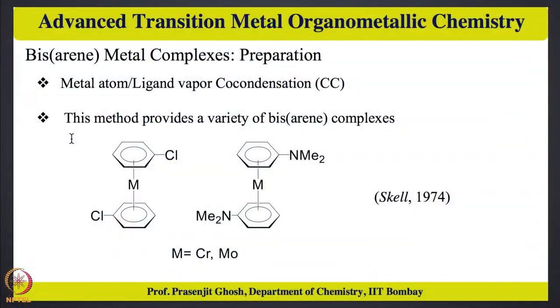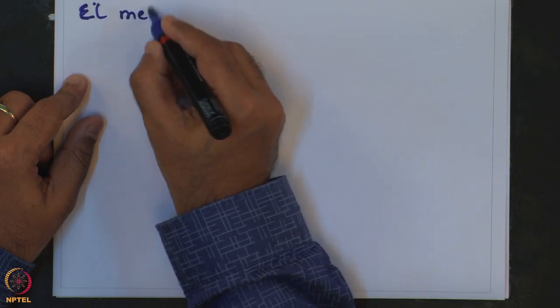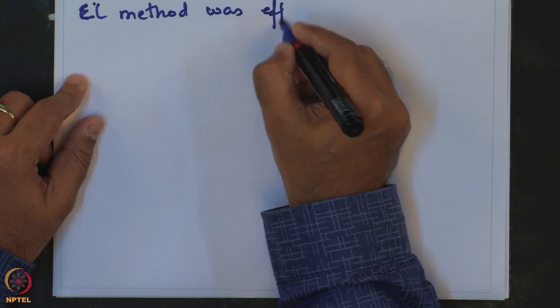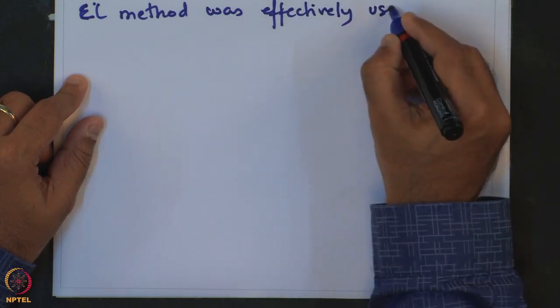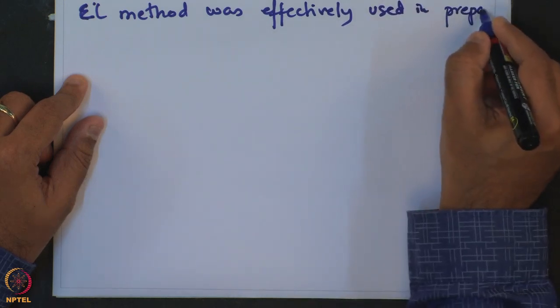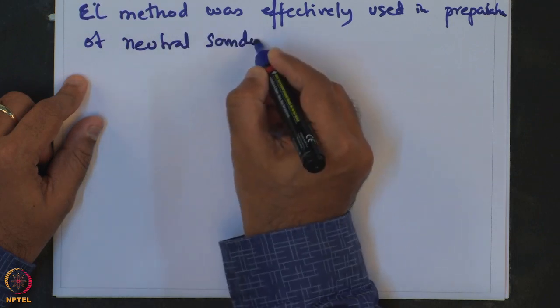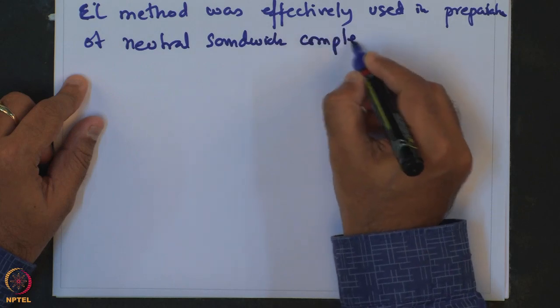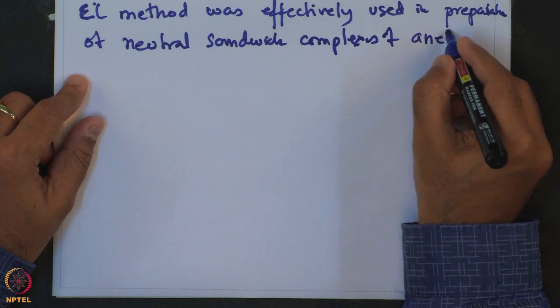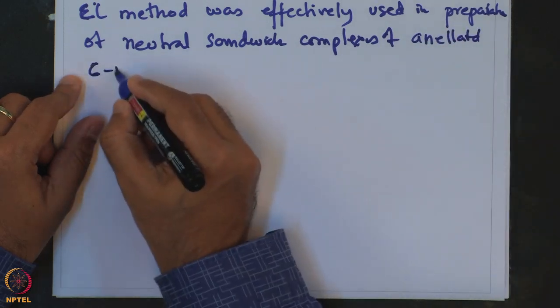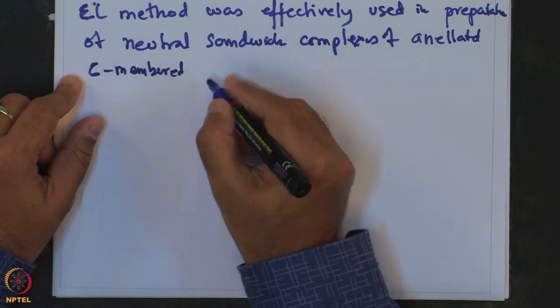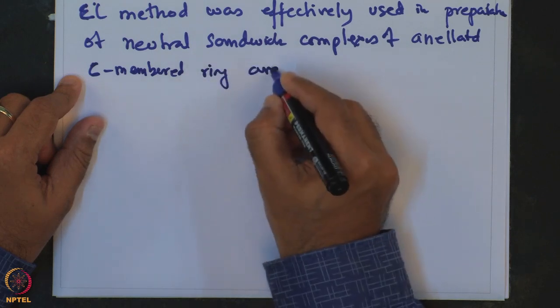Also, the CC method was effectively used for preparing neutral sandwich complexes of annulated six-membered arenes.